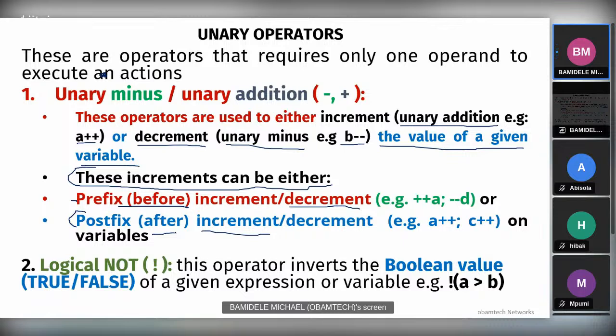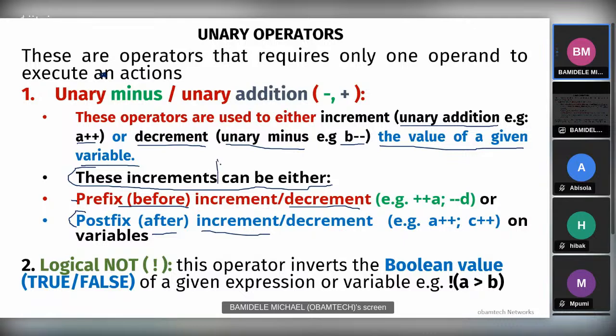Reflecting quickly: unary operators perform operations on just a single operand, a single variable. Unary minus is used for performing decrement operations, and unary addition is used for performing increment operations.